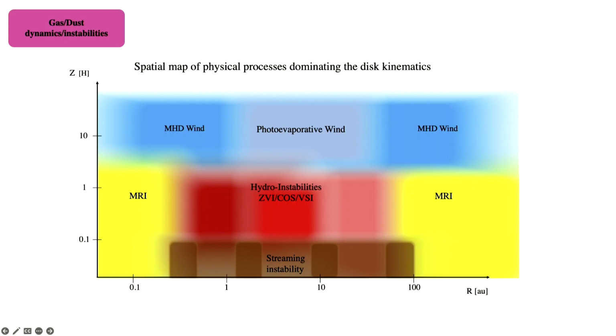In this plot, I summarize what we have learned in the last 10 years. This is height in units of h, the pressure scale height, over radius, both in log scale. And you basically see here 3 different regimes.